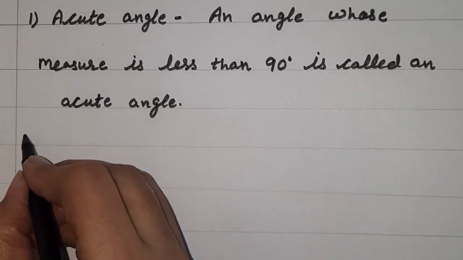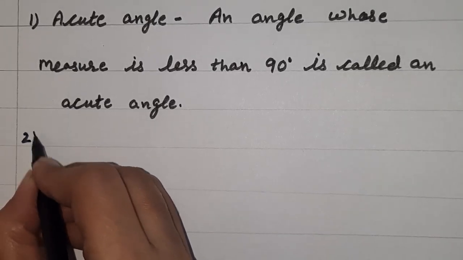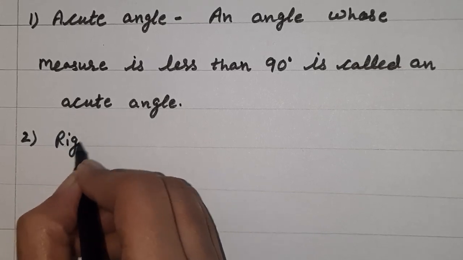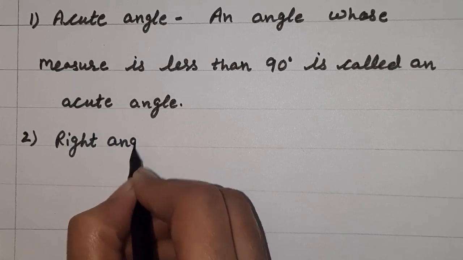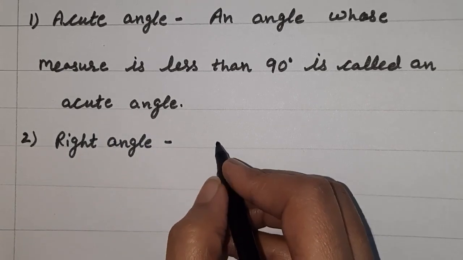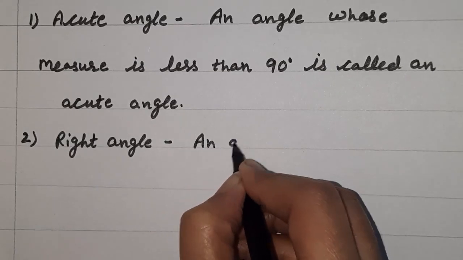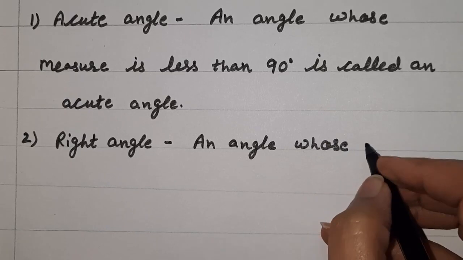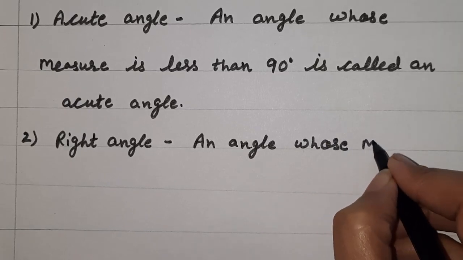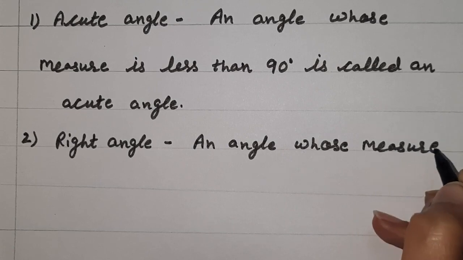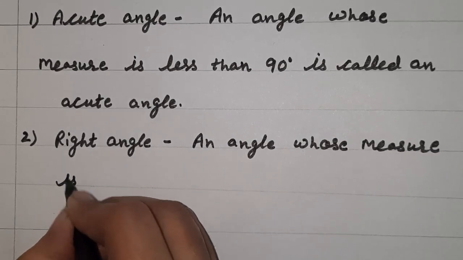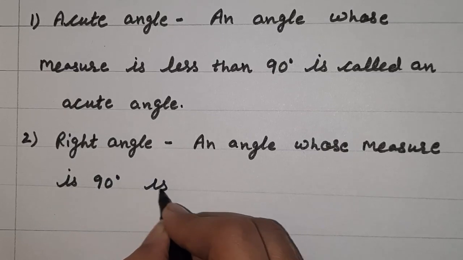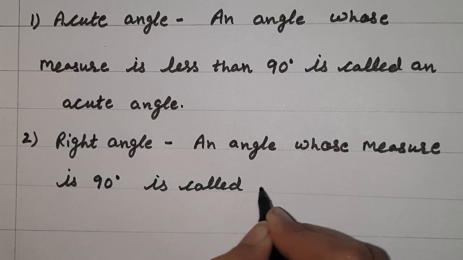I will show you all the angles together so that you can recognize. Second is right angle. An angle whose measure is 90 degree is called a right angle.